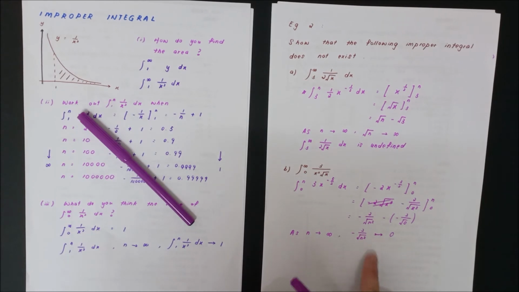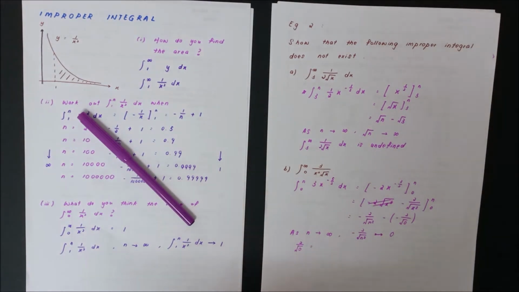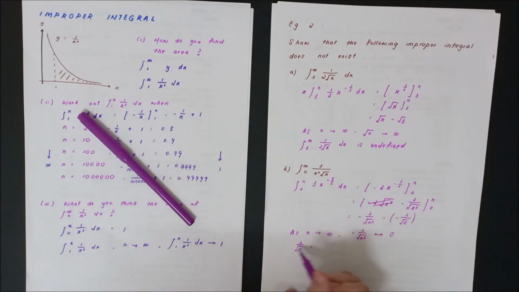Then what actually makes this improper integral not exist? Let us continue. You look at this term. You have something that is 2 over square root 0. Square root 0 basically means 0. So 2 over 0, what is this number?